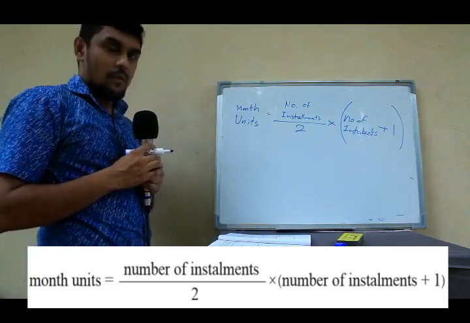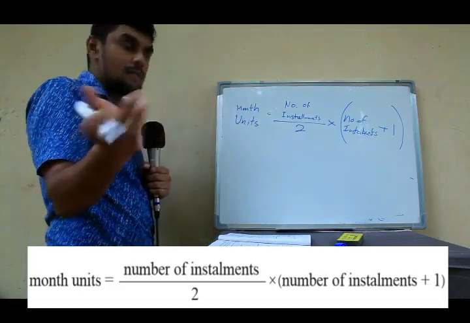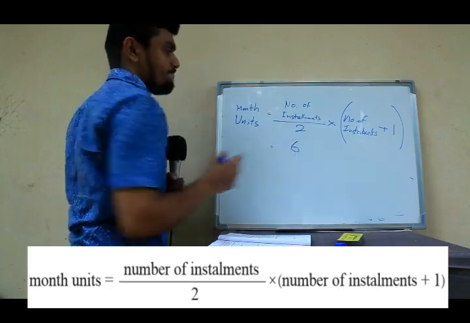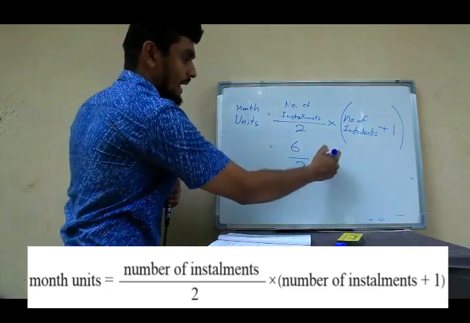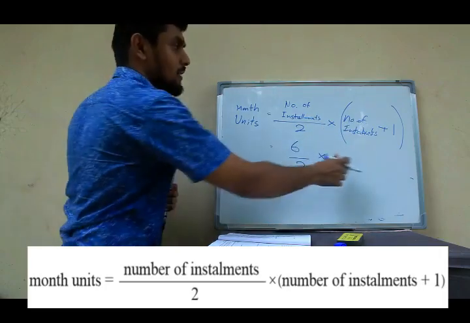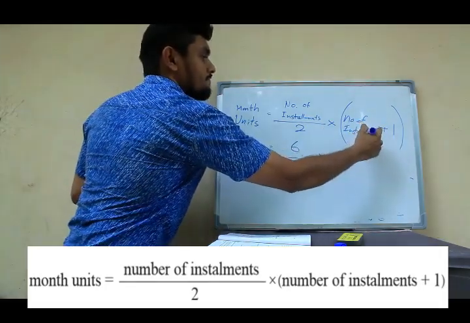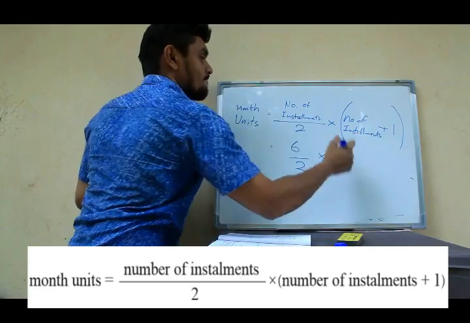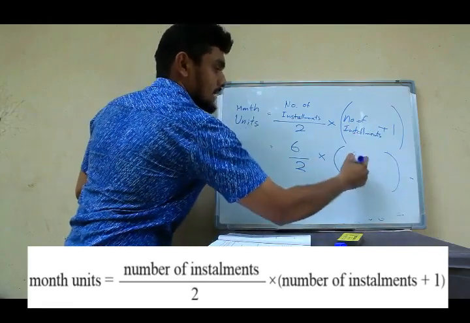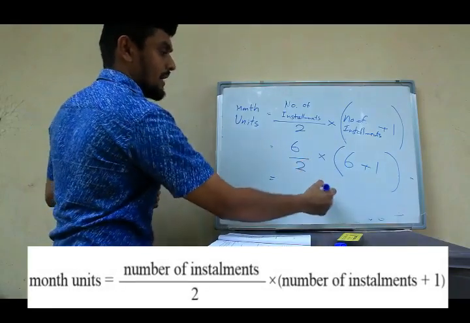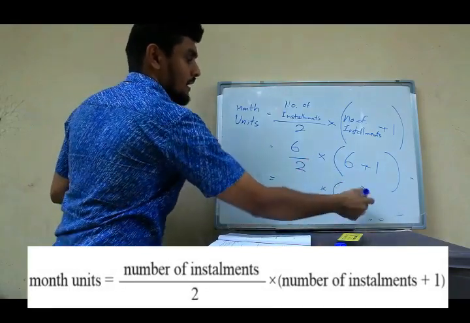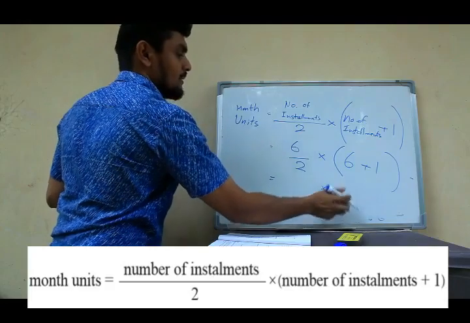Remember the previous one? How many installments? Yes, 6. So divide by 2. Again you apply the number of installments: 6 plus 1. So solve it. Within the bracket, 6 plus 1 means 7.